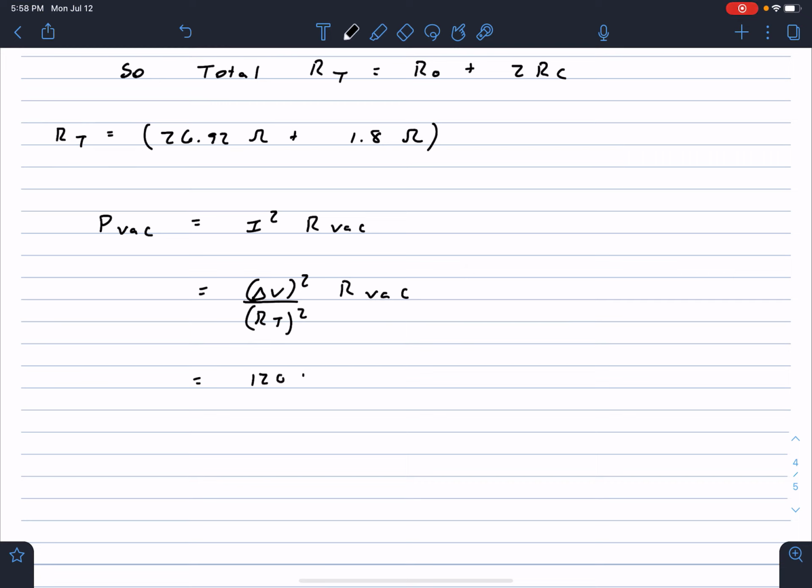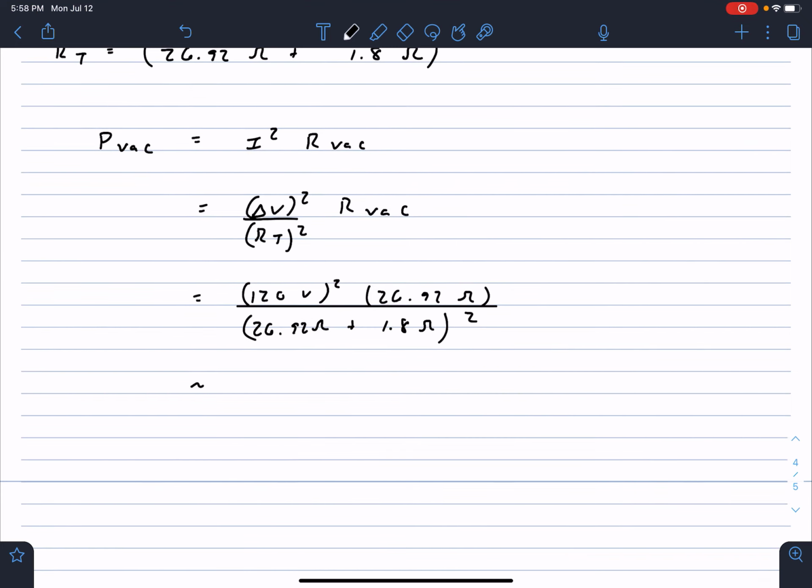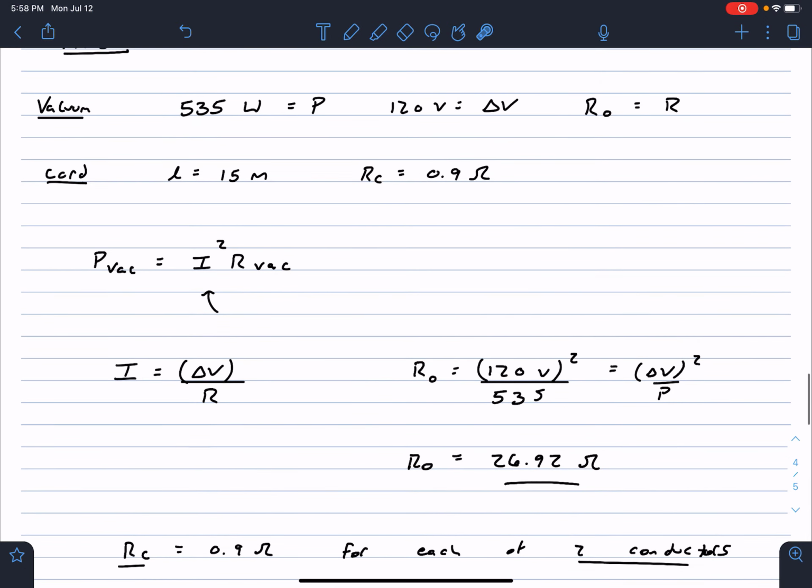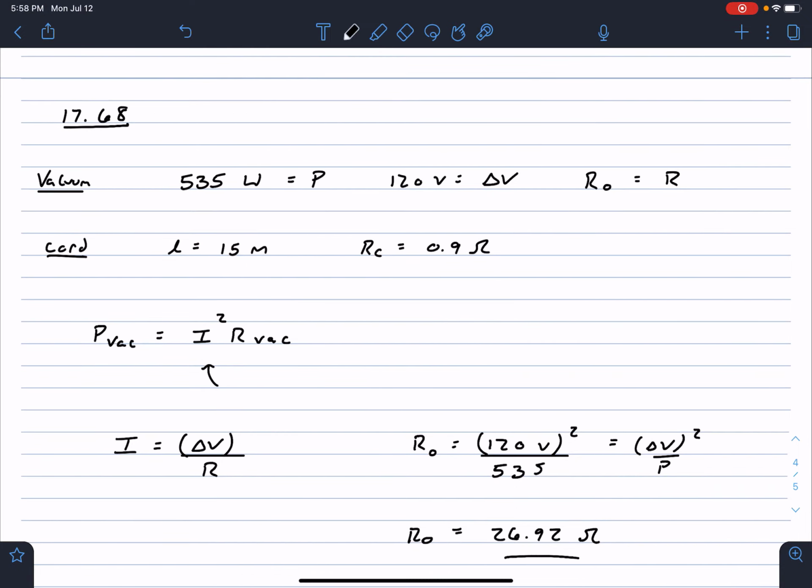So that's 120 volts squared times R of the vacuum, which was 26.92 ohms, all over 26.92 ohms plus 1.8 ohms, all squared. And so this is going to give us a value of 470.03 watts. So that's the total power delivered to the vacuum. It's way less than what we actually need because we added this long cable in the mix.